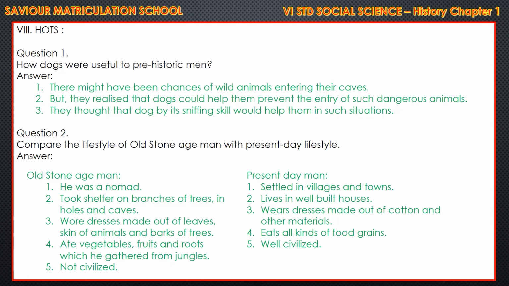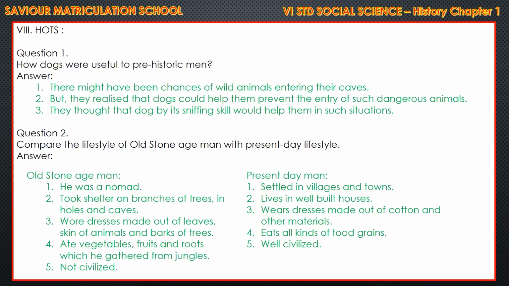Is it not? Okay. And the third point, the old Stone Age men wore dresses made out of leaves, skin of animals and barks of trees. Now we are wearing dresses made out of cotton and other materials. So we are comparing how they lived, old Stone Age, and how we are living now. And the fourth point is, they ate vegetables, fruits and roots which they gathered from jungles. Jungles mean forests.